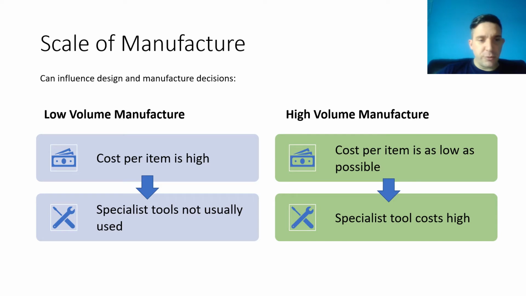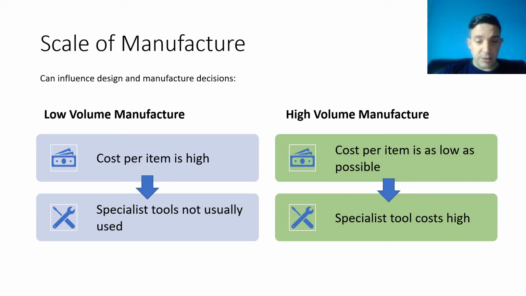As a general rule of thumb, you can say that for low volume manufacture, maybe you're making one, maybe you're making 3, 10, the cost per item is often quite high because you're not going to use specialist tools to help the manufacturing process. Specialist tools can cost a lot of money and can take a lot of time to generate.